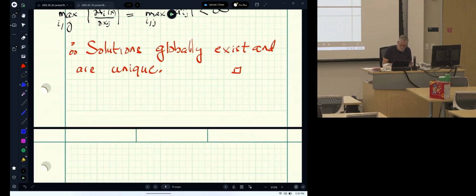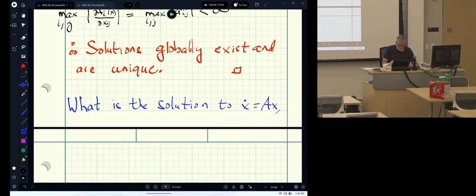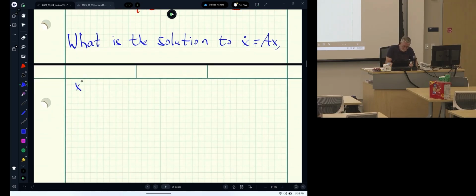So question, if the solutions exist, what are they? Or let me just say, since it's unique, what is the solution to x dot equals Ax, x of t0 equals x0?